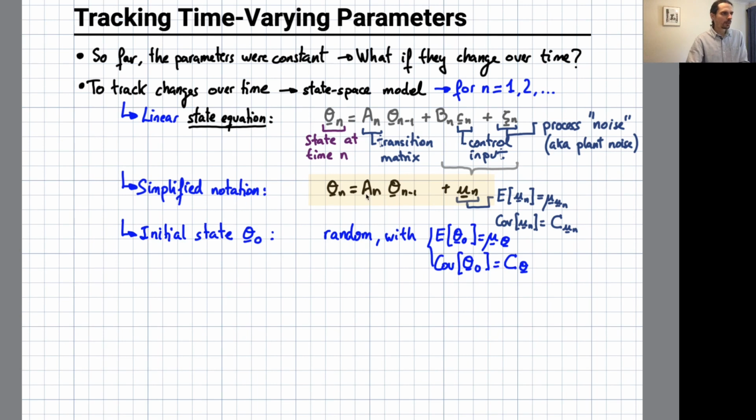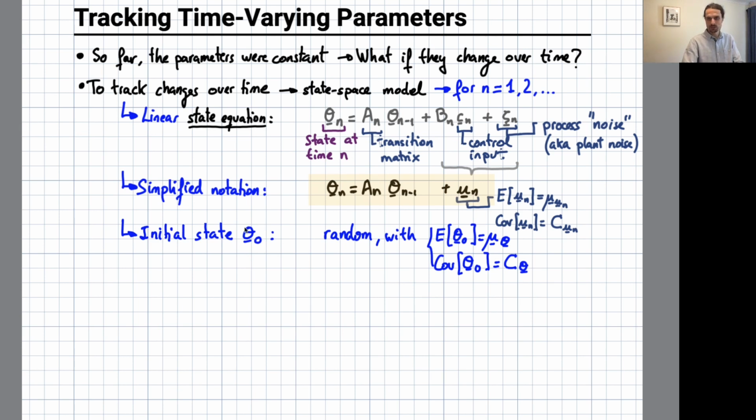And as we see, this is a recursive definition, or a recursive equation, because it provides theta n in terms of theta n minus 1, and therefore theta n minus 1 in terms of theta n minus 2, and so on, right? However, this needs to start at some point. So for that, we introduce the initial state, which is time 0.